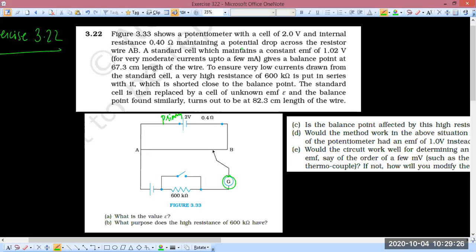Okay, so maintaining a potential drop across the resistor wire AB. So that's the potentiometer wire AB, this one.